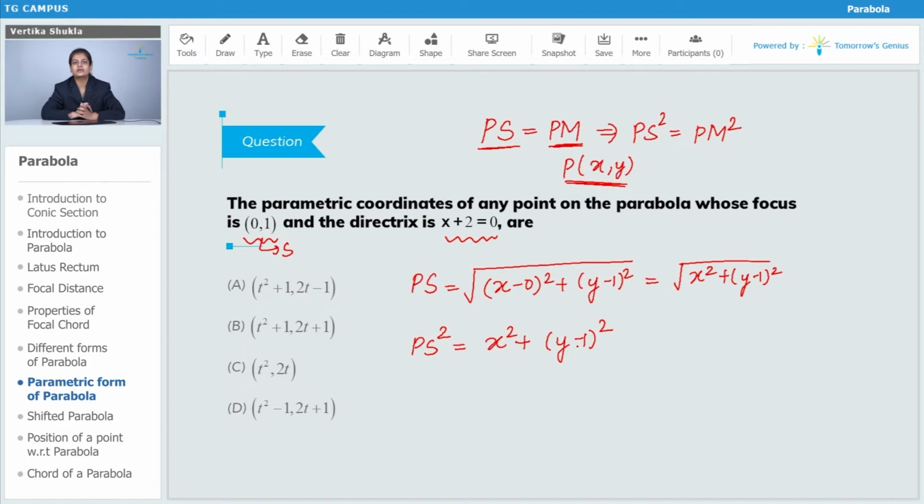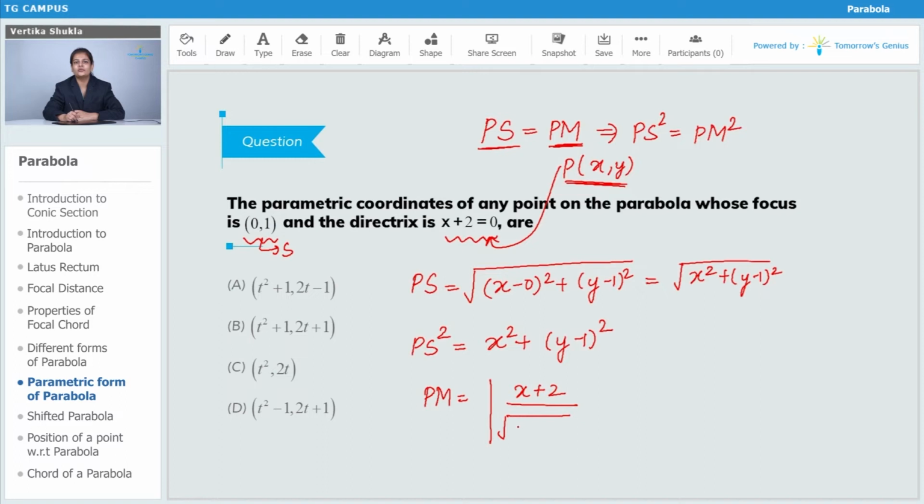What is the PM distance? PM is the perpendicular distance of any point from a line. How do you find that distance? PM will be given by the modulus of, substituting this point in this equation, x + 2 divided by the square root of the sum of squares of the coefficients of x and y.